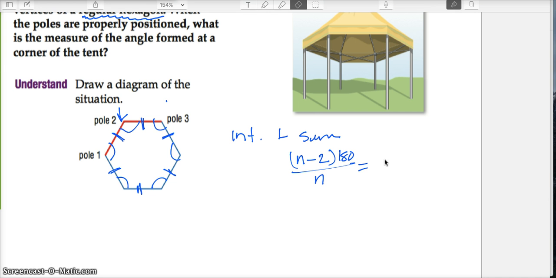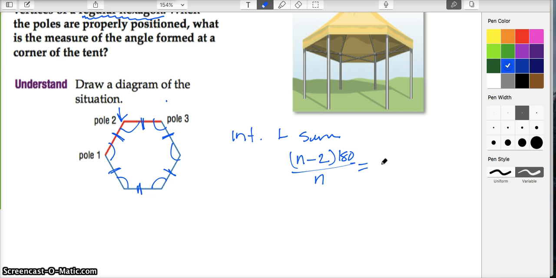So using that logic, what we'll do is write down 6 minus 2 times 180 over 6. Remember, this 6 is because we're going to get the interior angle sum, then divide to find one specific angle, right? So 6 minus 2 is 4 times 180, and we're going to divide by 6.